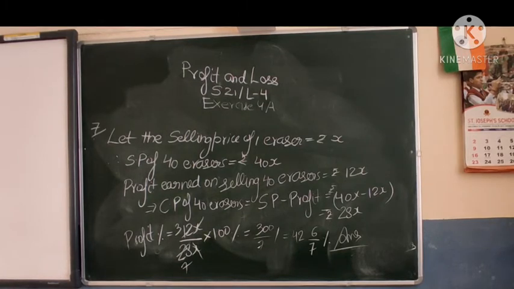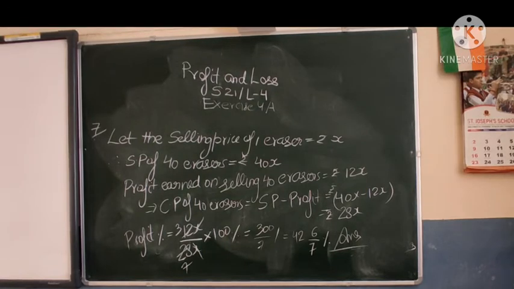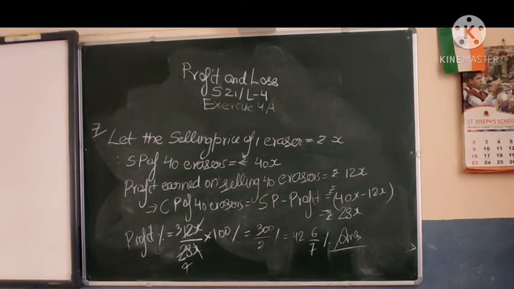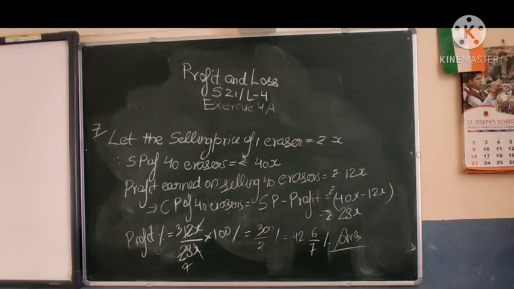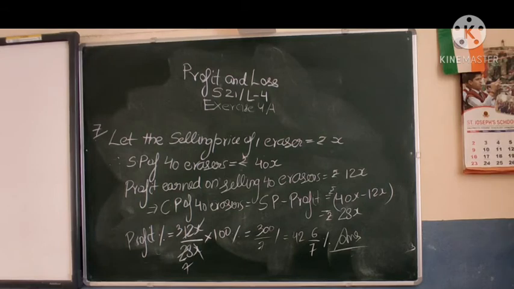How do we calculate profit here? Profit is calculated by using the formula SP minus profit, which gives you CP. See, profit we also require. That's why we have used 40x as the SP, and profit is equal to the selling price of 12, so 12x is the profit here. Using SP and profit, we have calculated the CP.